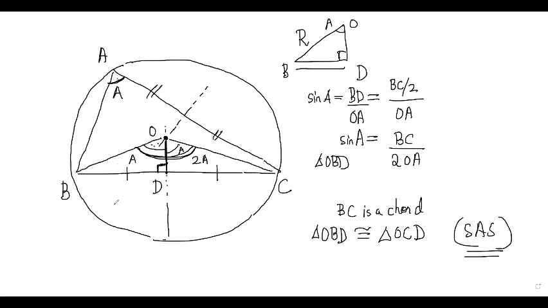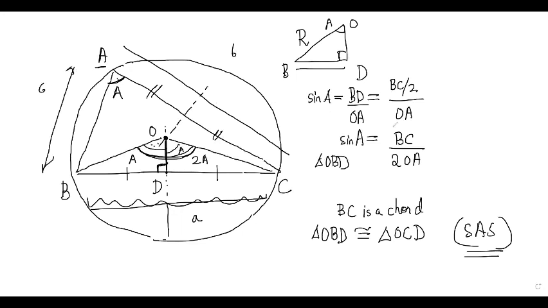And BC, generally the convention is that you call the side opposite to the angle by the small letter. So if angle A is here, then this is called side a, and if angle B is here, then this will be called side b, and this will be called side c. So you will say BC is just a and OA is R, right?